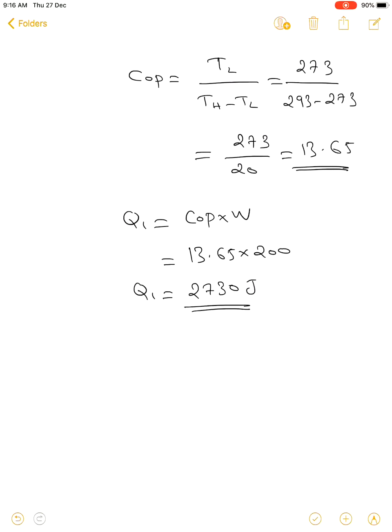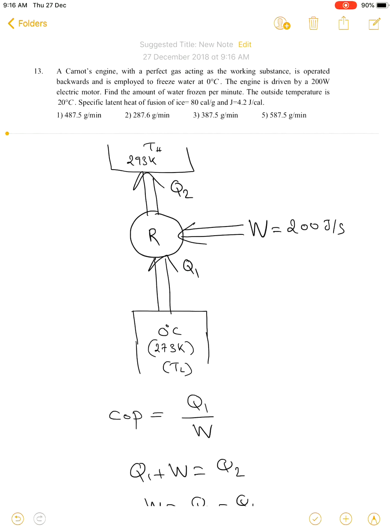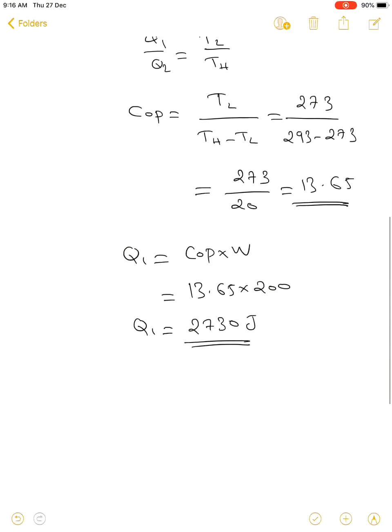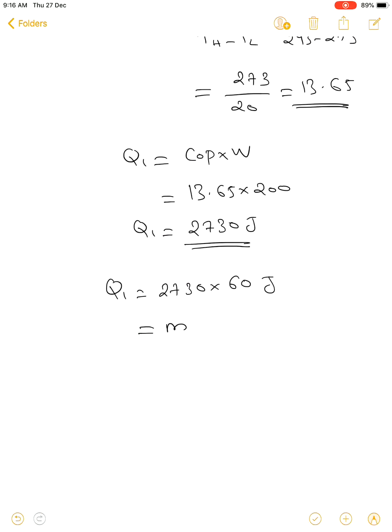So you can find out how much amount of this ice formed per minute. So in a time of 1 second, this much amount of heat energy. So in 1 minute, we can write this is equal to 2730 into 60 joules. And that is used for converting, let's say, m kilogram of water into ice. So m into its latent heat of fusion.